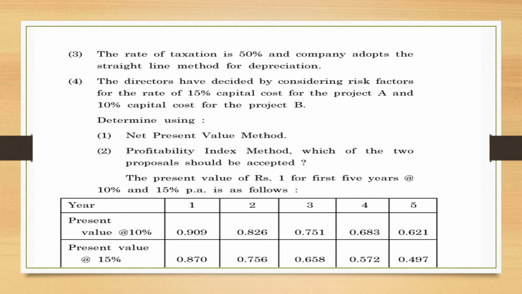Friends, in this example, a table showing the present value of rupee 1 for 5 years at the rates of 10% and 15% is given, so there is no need to calculate it in our solution.